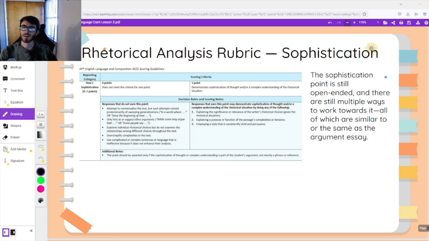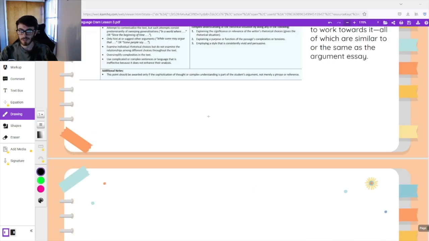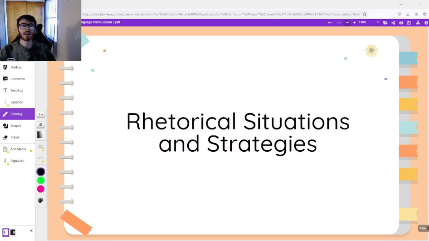So that's the rubric. Very similar to the argument essay, except for a couple of key differences that we pointed out. Now let's talk about rhetorical situations and strategies, because these are important for writing this essay, right? The prompt asks you to analyze the writer's rhetorical choices, and it also asks you to demonstrate an understanding of the rhetorical situation.